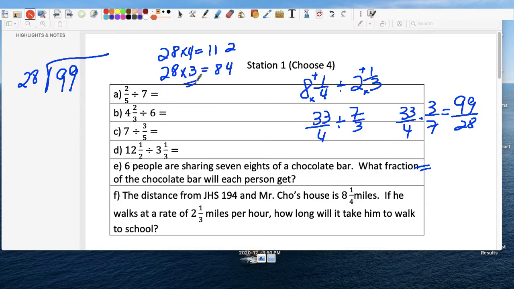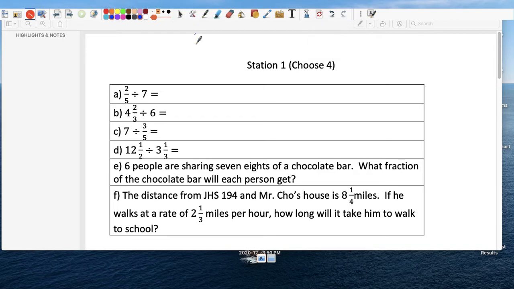So that works. 28 goes into 99 3 times. Let me put the 84 here. How many left over? 9 minus 4 is 5. 9 minus 8 is 1. So 15 left over. We can change that to a mixed number. 28 goes into 99 3 times, with 15 over 28 left over. Okay. Again, most of this stuff should be easy for you.